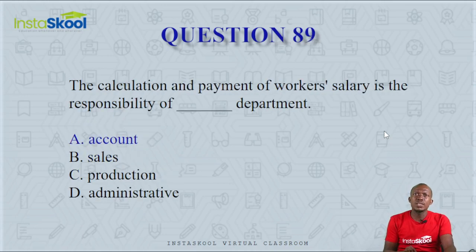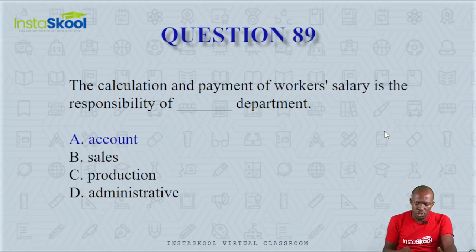Question number 89. The calculation and payment of workers' salary is the responsibility of dash department. Is it accounts department, sales department, production department, or administrative department? The administrative department is in charge of policy making and implementation.